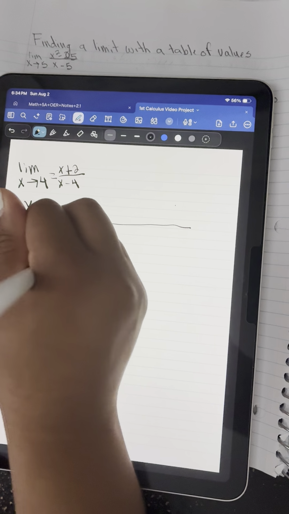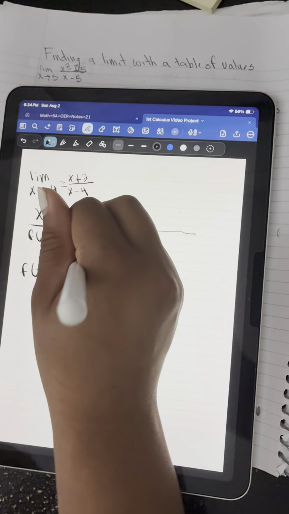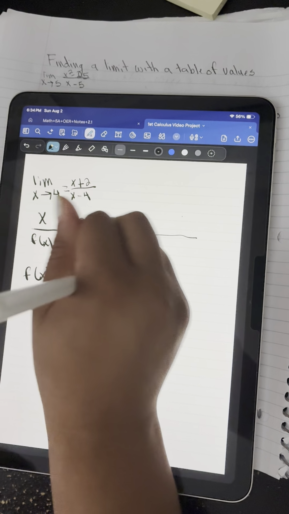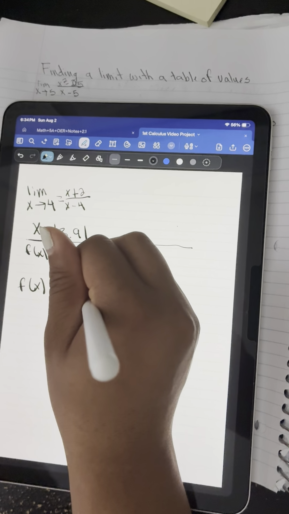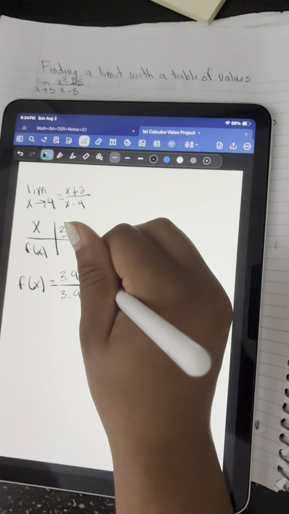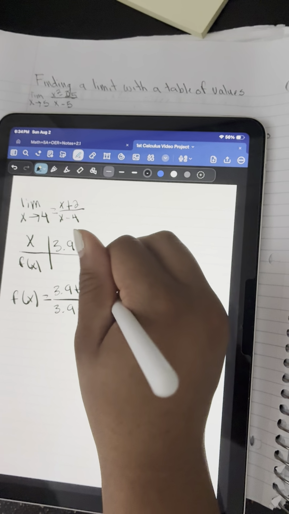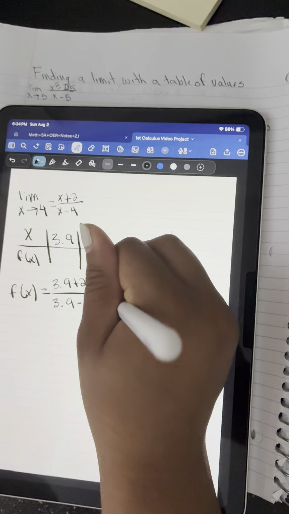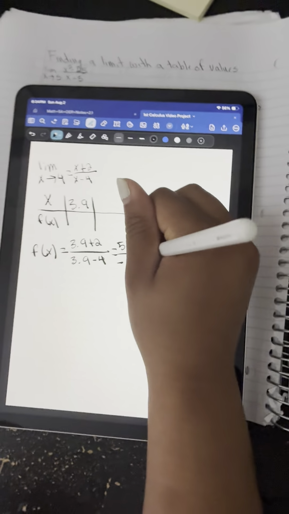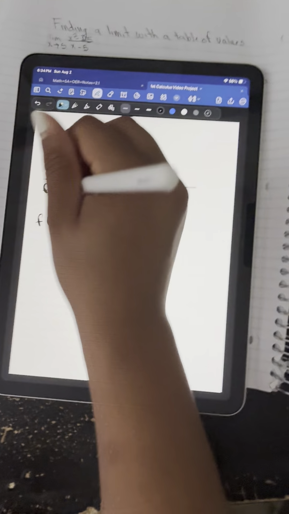So f of x equals (3.9 plus 2) over (3.9 minus 4), which equals 5.9 over negative 0.1, which equals negative 59.